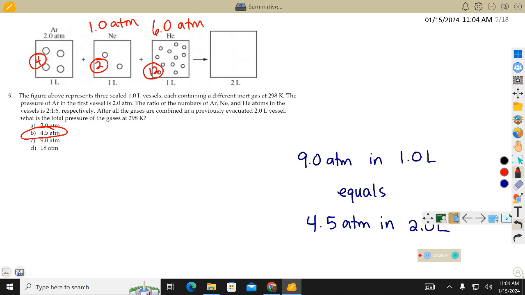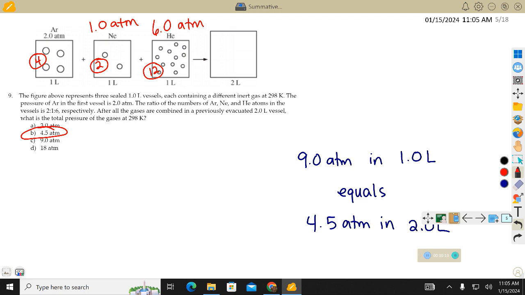Number 9, I like this one. You just have to think about this one a little bit. The figure above represents 3 sealed 1-liter vessels, each containing a different inert gas at 298 Kelvin. Inert just means non-reactive, so they're all noble gases at the same temperature. The pressure of the argon in the first vessel is 2 atmospheres.